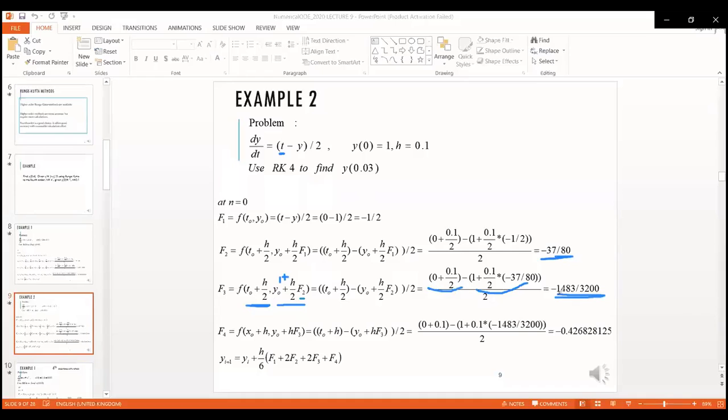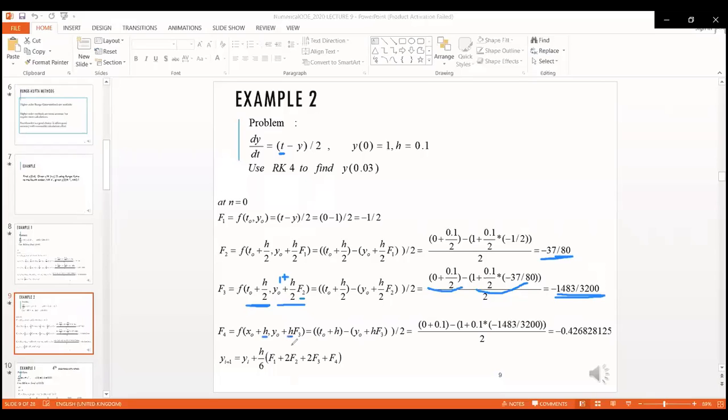Then what next? We have to find F4 as well. F4 is the same thing, but take note, in F4 it's only the step size, not H over 2. And this is also H times F, it's not H over 2. Good.